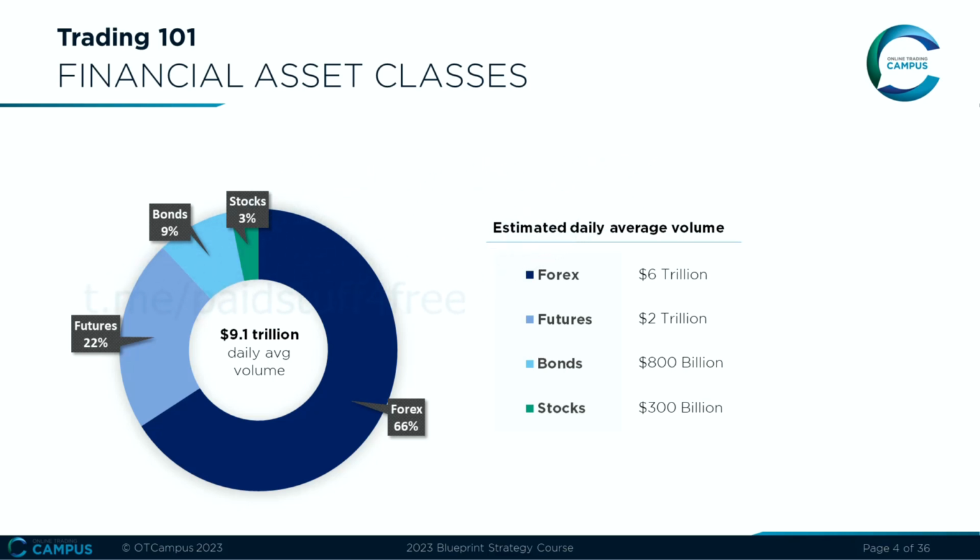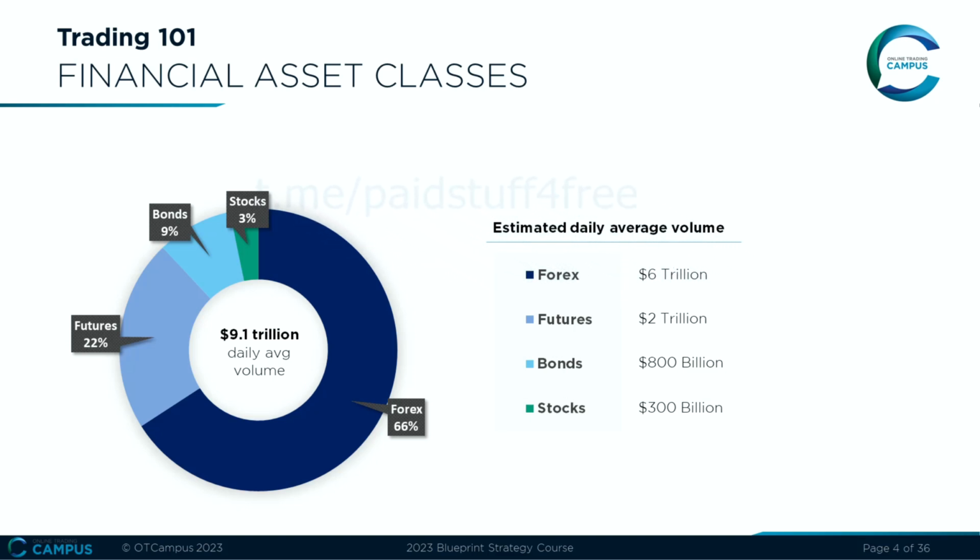Here we also are just getting some estimations, but these estimations are pretty accurate. It is estimated that the daily trading volume in the Forex market is over $6 trillion US dollars per day, and that makes it the largest financial market in the world.